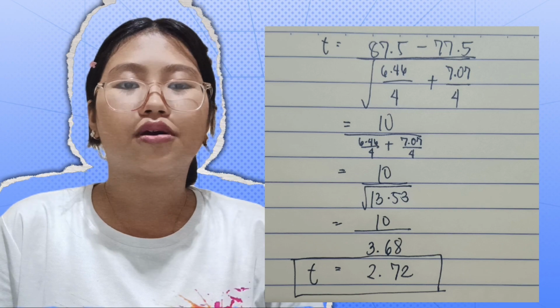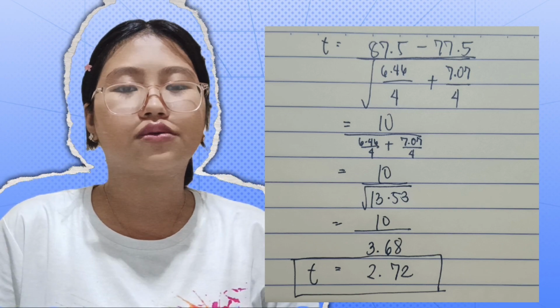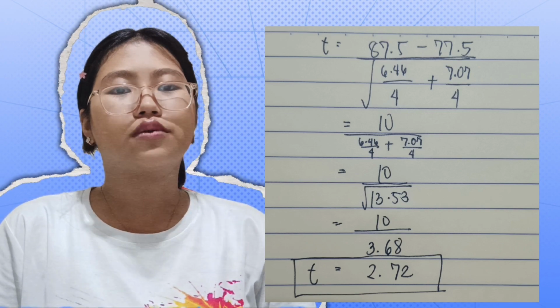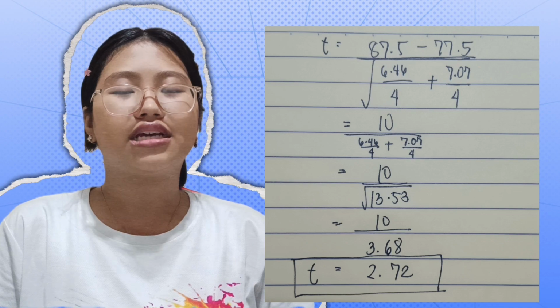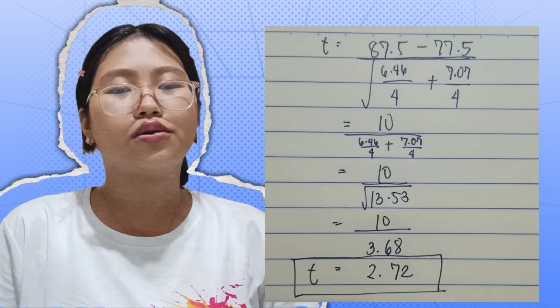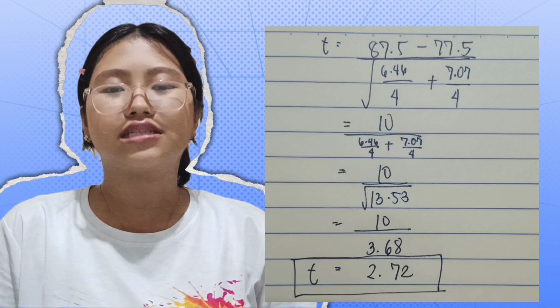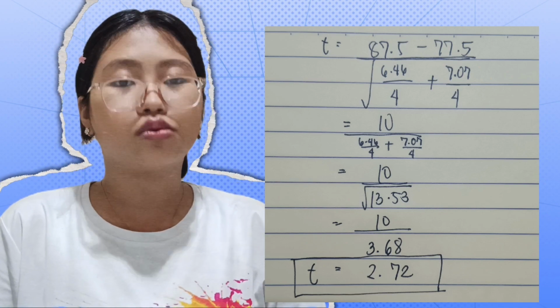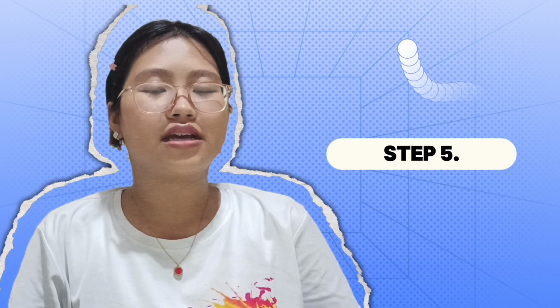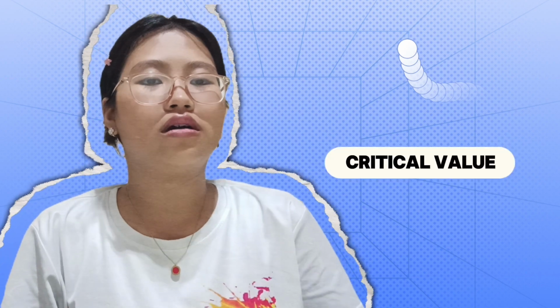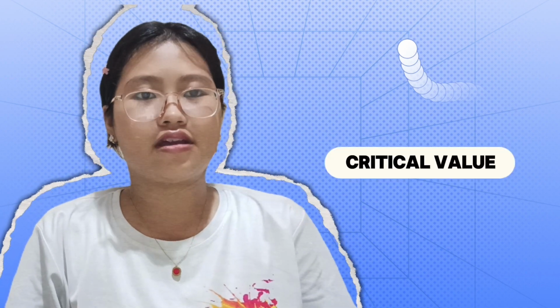So, get the square root of it. So, the square root of 13.53 is 3.68. So, you can now divide them. So, 10 divided by 3.68 is equal to 2.72. So, step 5 is the critical value or the degrees of freedom.